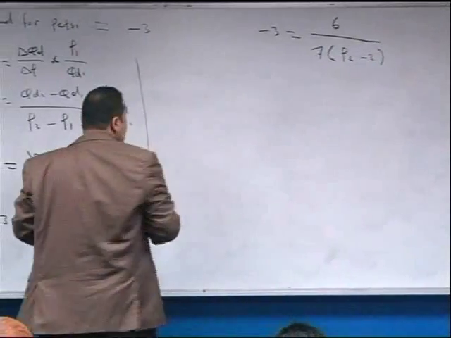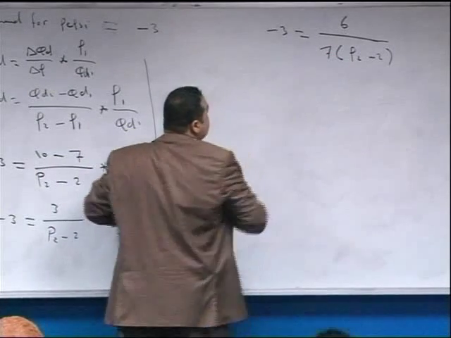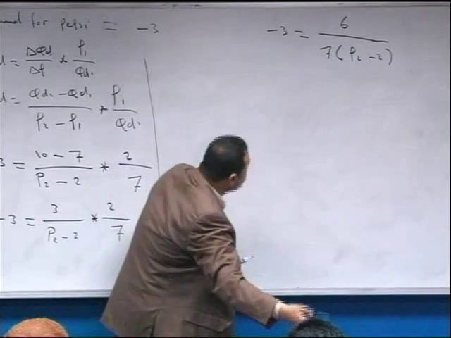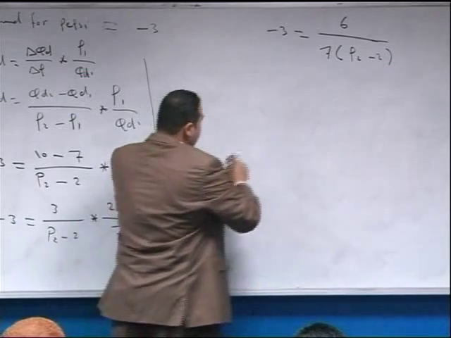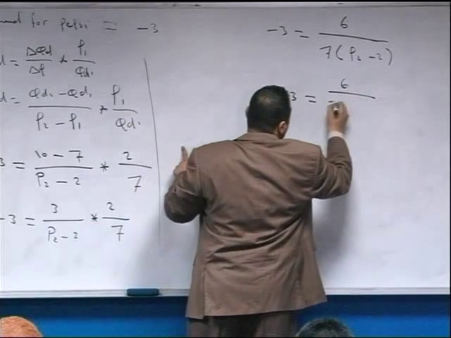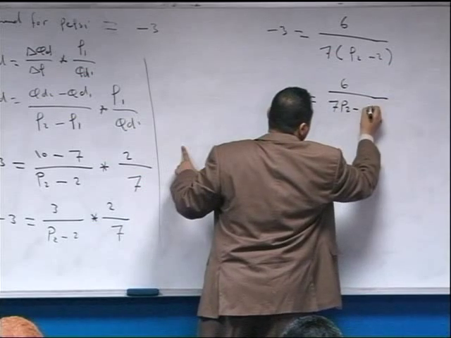Cross-multiplying, or we can do another process. -3 equals 6 over 7P2 minus 14.